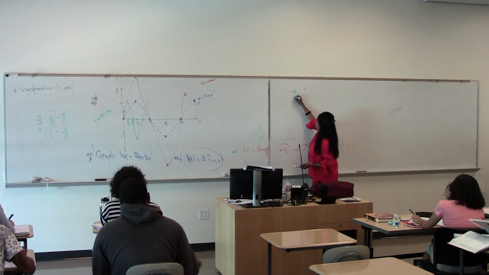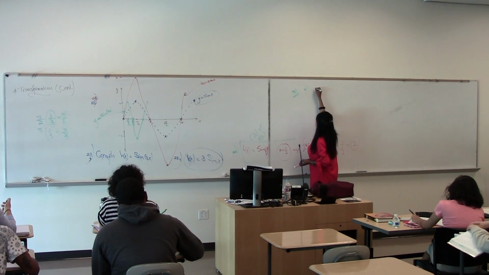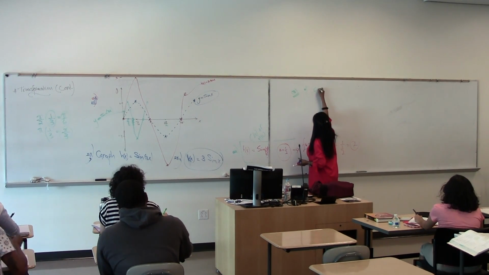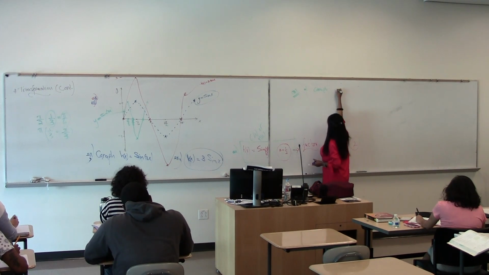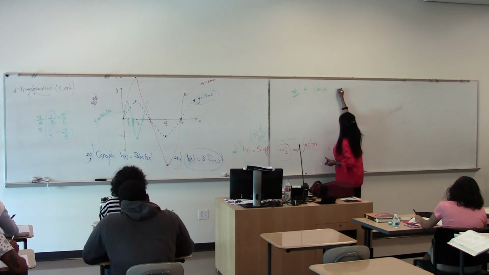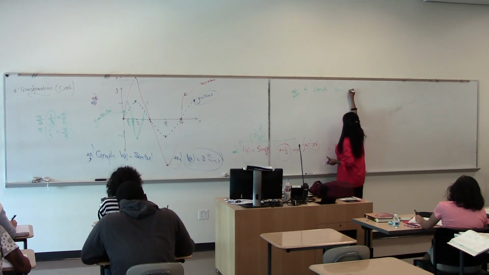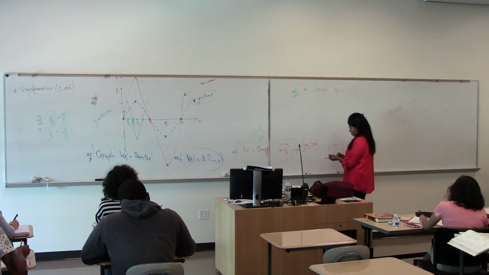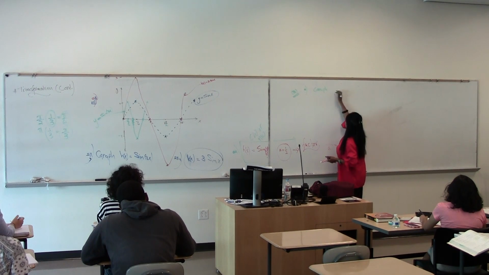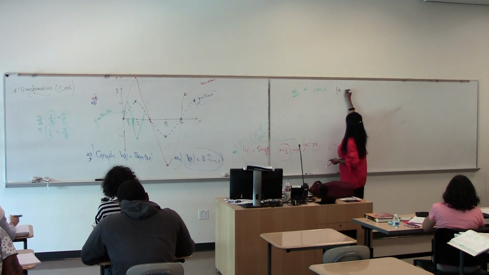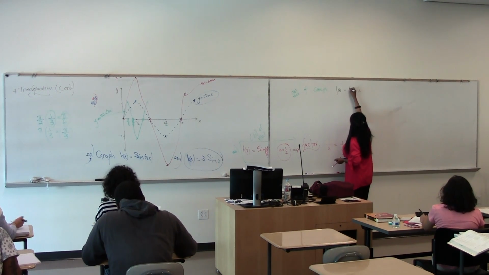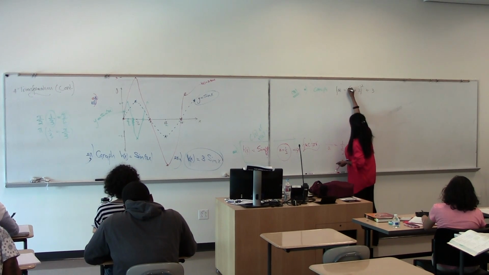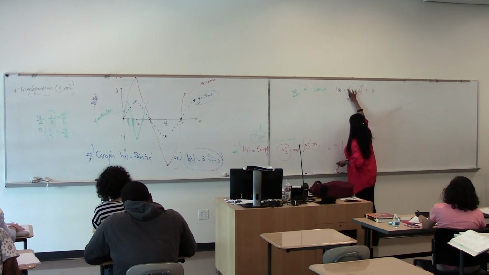Example: graph f of x is equal to x plus 2, whole thing squared, plus 3 and 2 here, or 4 here.